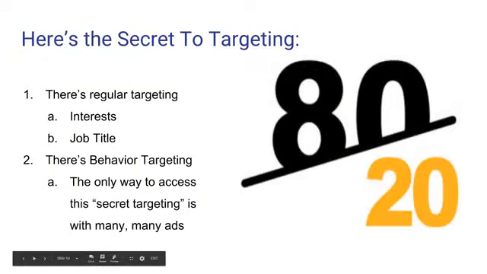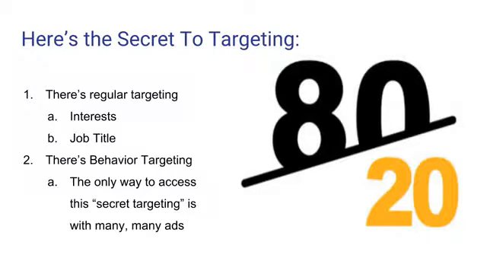Okay? So, this is exactly what I just talked about. I should have switched to this slide earlier. But we're going to access that secret targeting by using many, many different ads. Okay? Because four-wheel parts guy who hurt his back in an off-roading trip the other week, he may only respond to one picture or one headline or one type of ad copy.